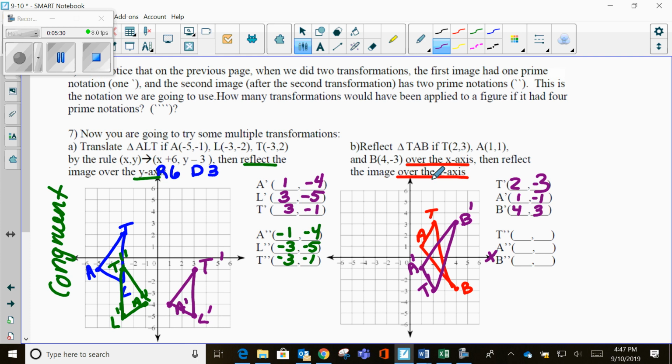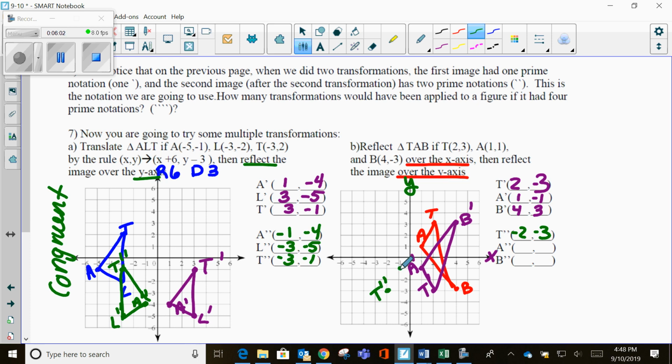Now the second transformation is that I have to reflect over the y-axis. This vertical axis is my y-axis. When I'm reflecting over the y-axis, my x value changes. So let's start back at my T prime, which was 2, negative 3. So the reflection over the y-axis would be negative 2, negative 3. I'm going to go to A prime and reflect it over the y-axis.